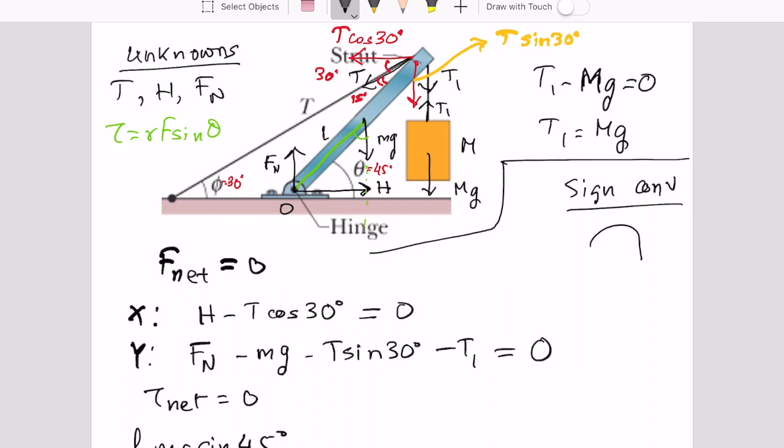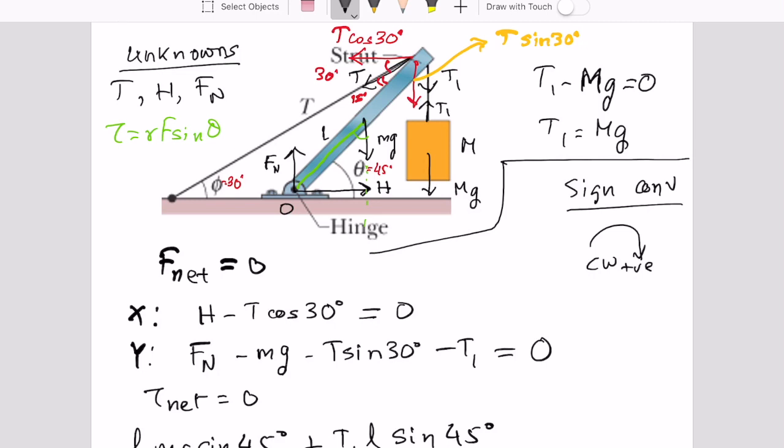We could just choose clockwise is positive. So it's just going to be plus T1 times L times sine 45 degrees.